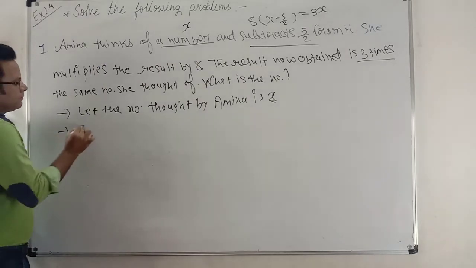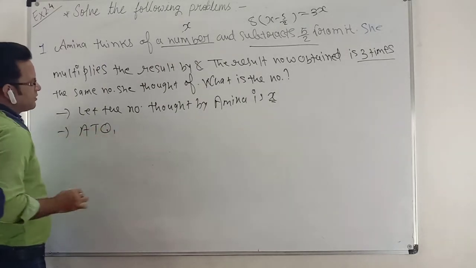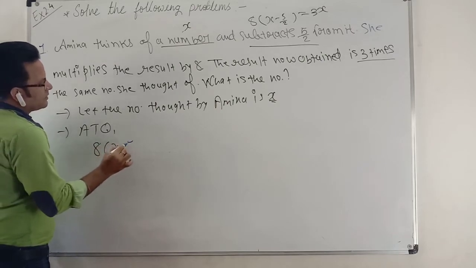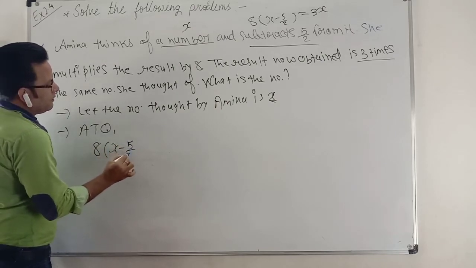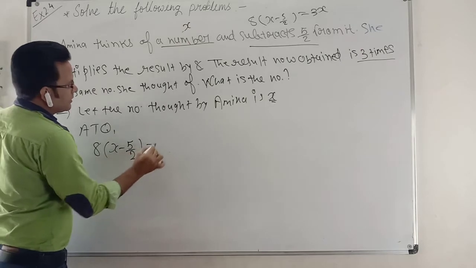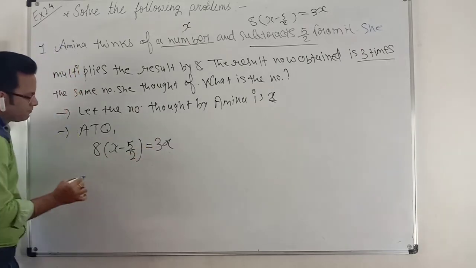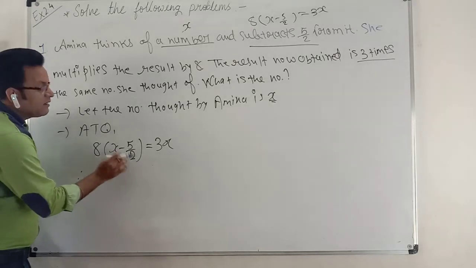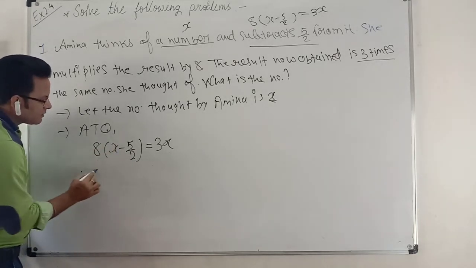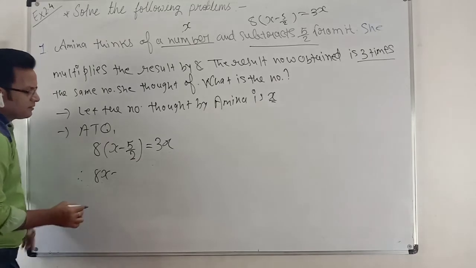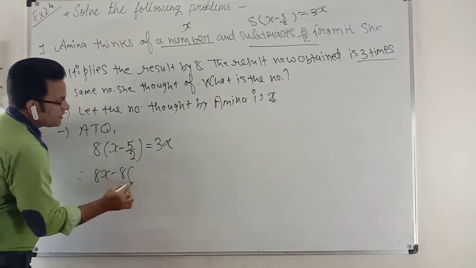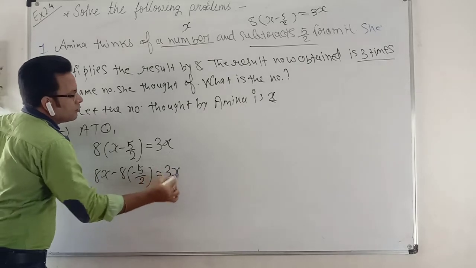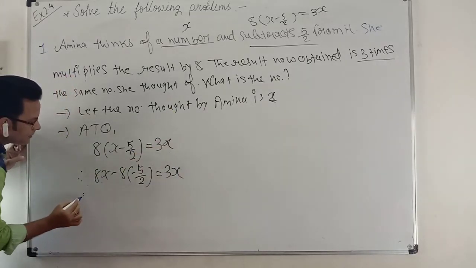Now, according to the question, our equation is 8 into x minus 5 by 2 is equal to 3x. Therefore, now you have to multiply x and 5 by 2 with 8. So 8 into x, 8x minus 8 into 5 by 2 is equal to 3x.